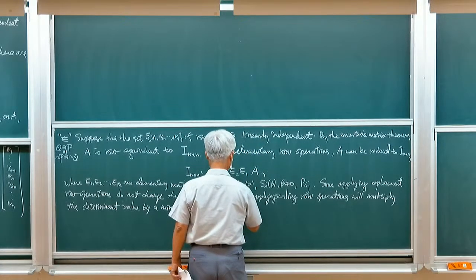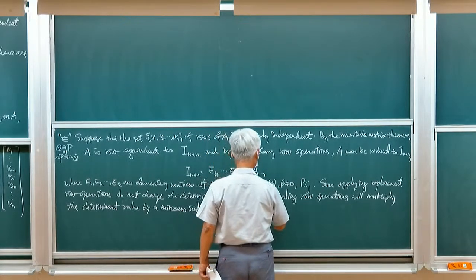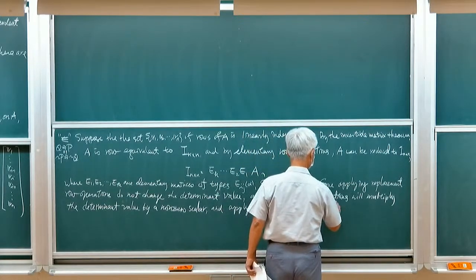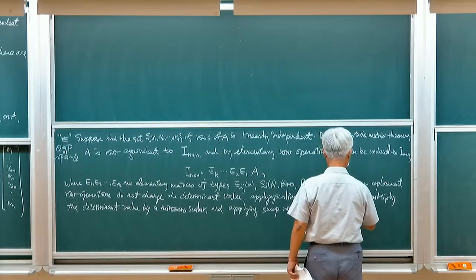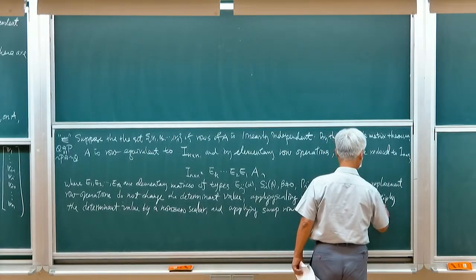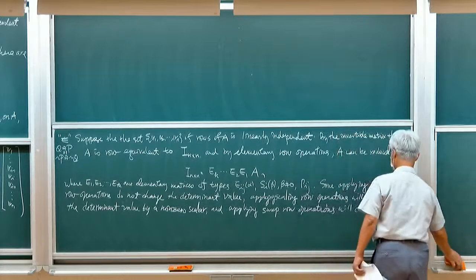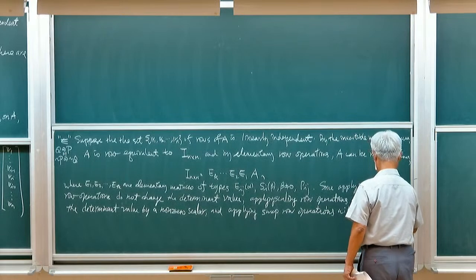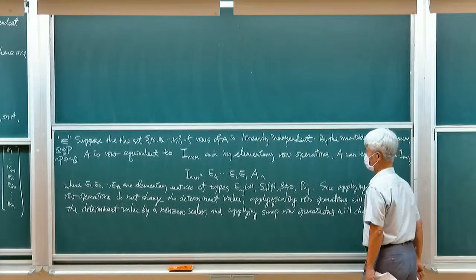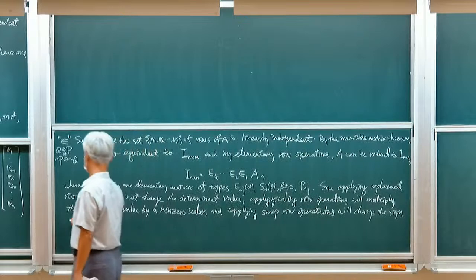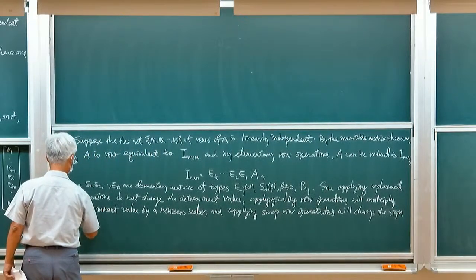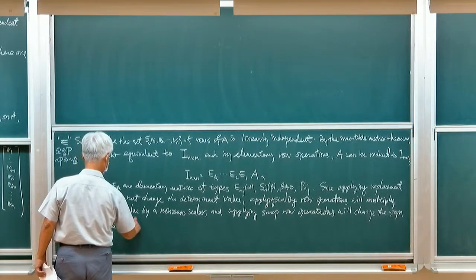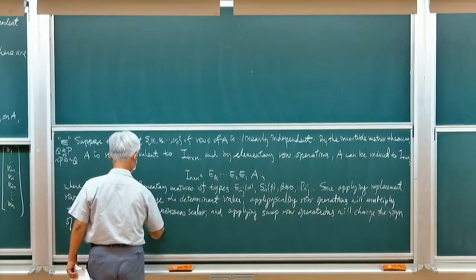applying swap row operations will change the sign, right? So we change the sign of the determinant value only.